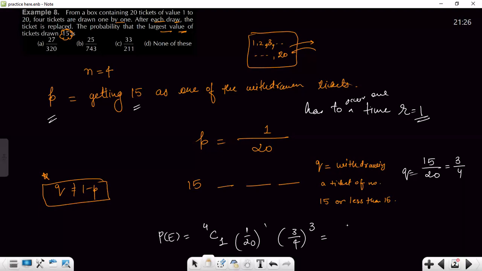Okay, let's solve it. 4C1 is 4 only, into 1 by 20, into 3 raised to power 3 is 27, over 4 raised to power 3. 4 cancels 4. And then 27 into, uh, 20 into 16, 320. This is our answer.